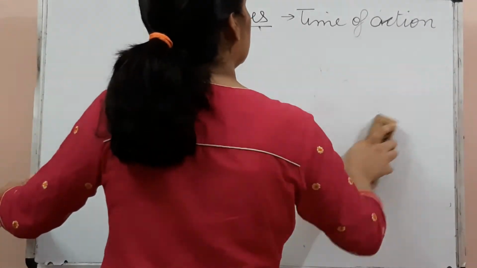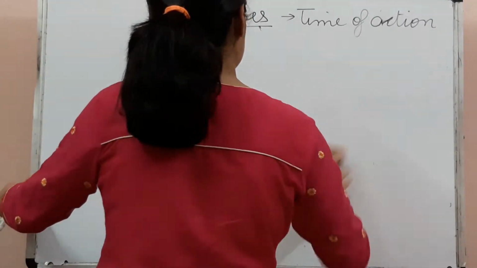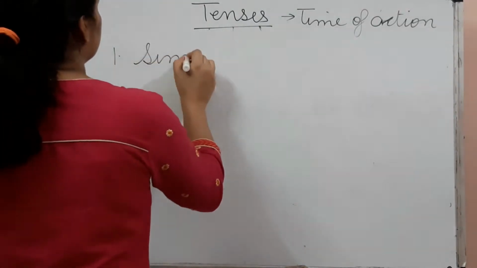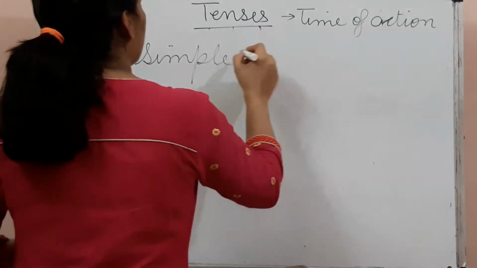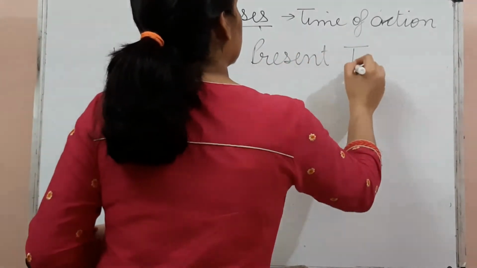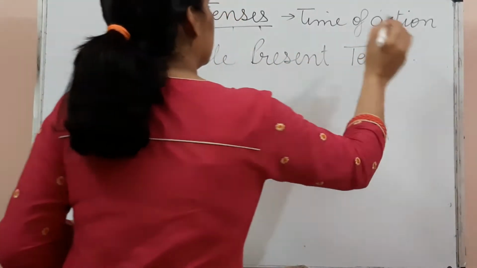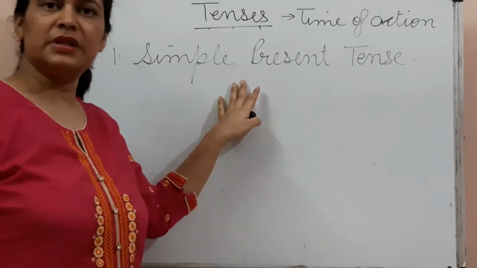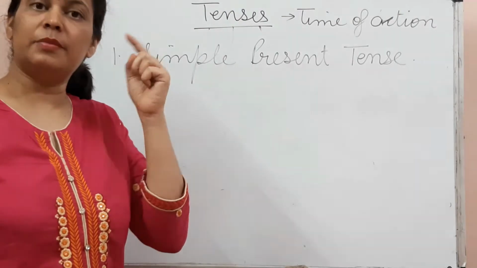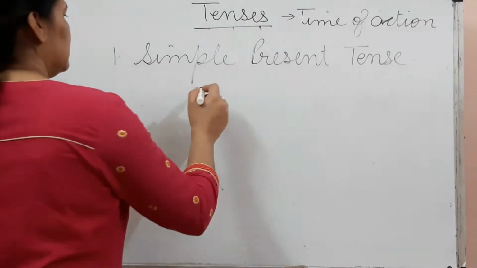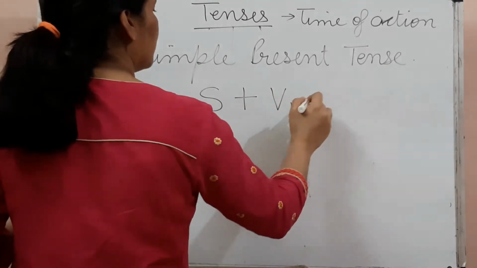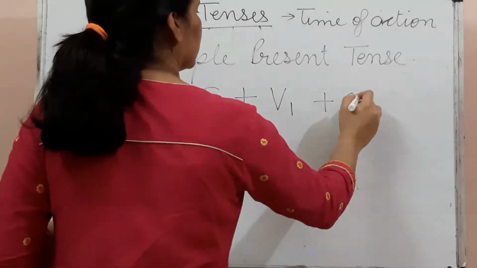Okay. So simple present tense. Remember here in simple present tense that the basic formula to remember is subject plus verb first form plus object.